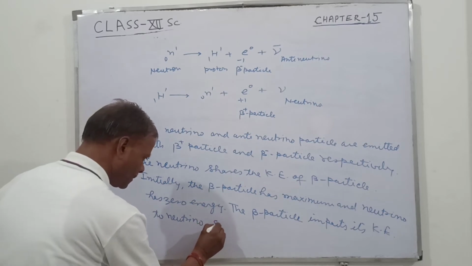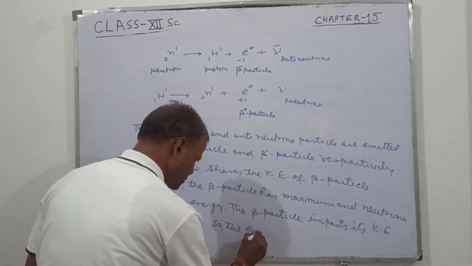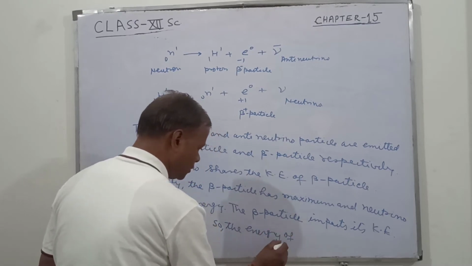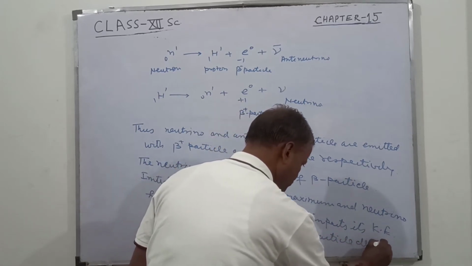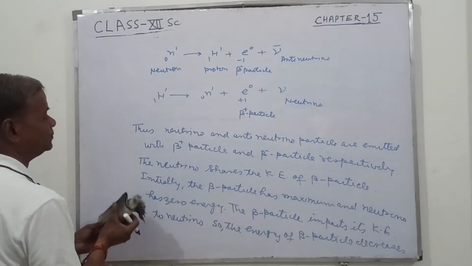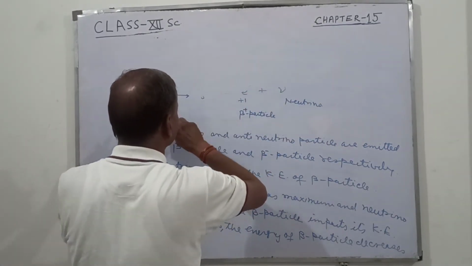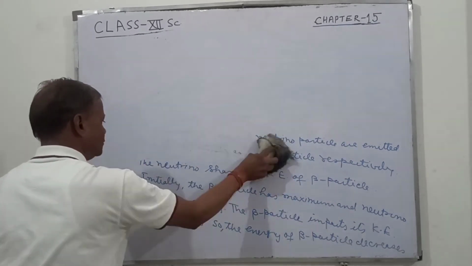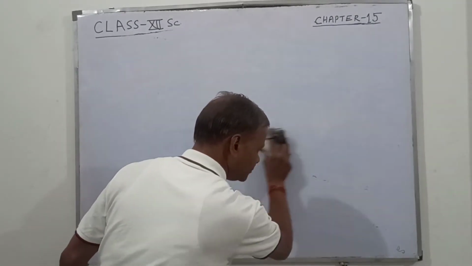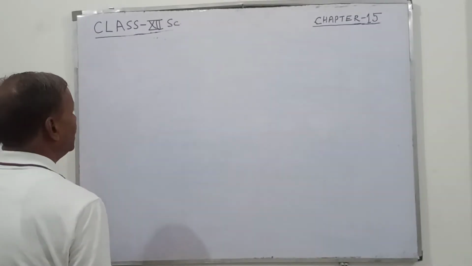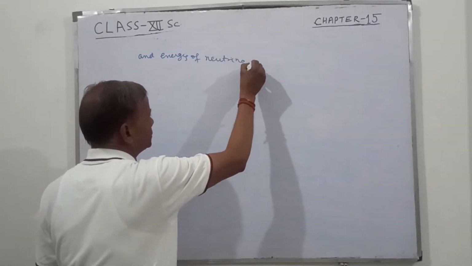So the energy of beta particle decreases, and energy of neutrino increases.